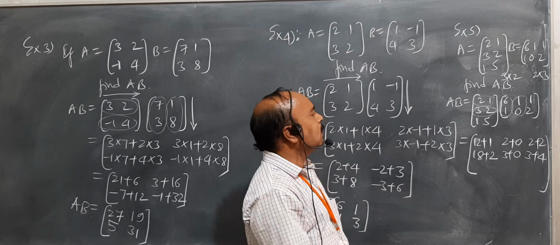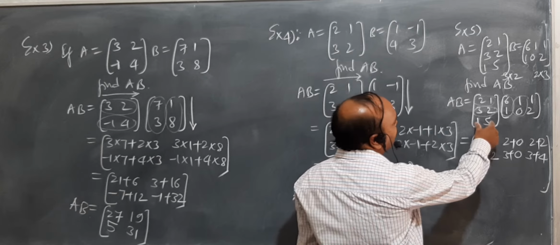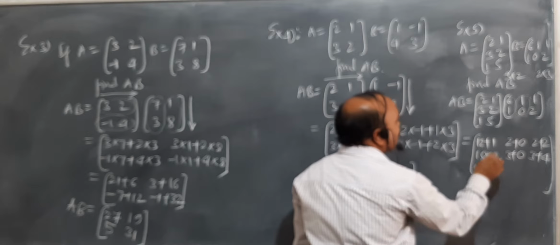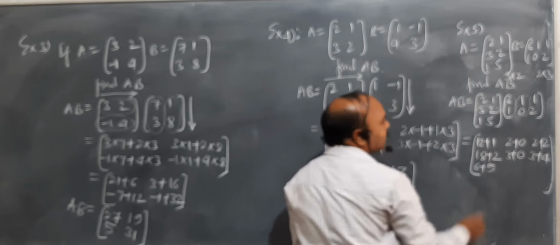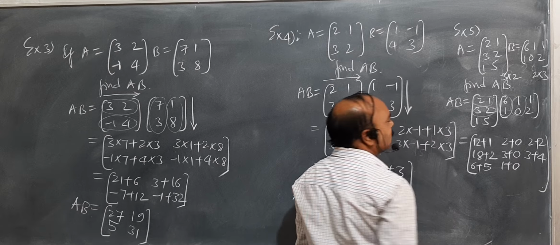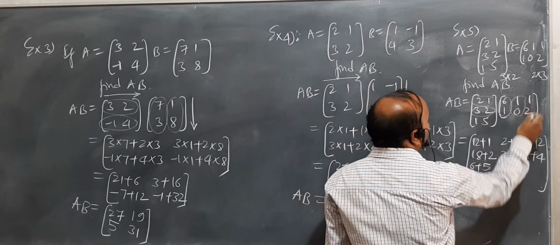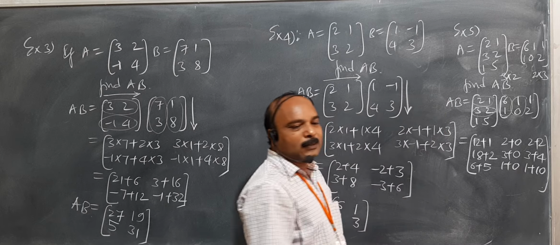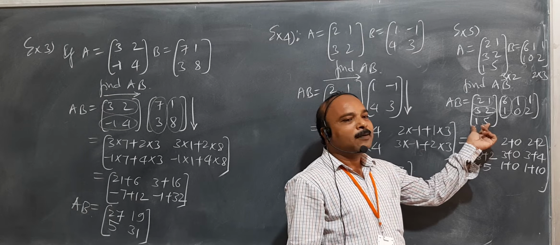Similarly, you go for the third row with all the columns. 1 5 with 6 1: 1 into 6 is 6, 5 into 1 is 5. Next, 1 into 1 is 1 plus 5 into 0 is 0. 1 into 1 is 1 plus 5 into 2 is 10. Now the third row is multiplied with all the columns.